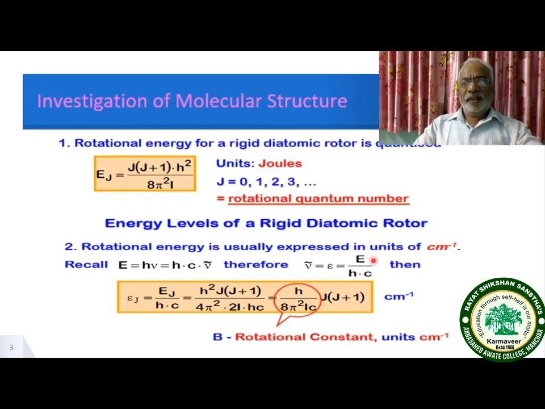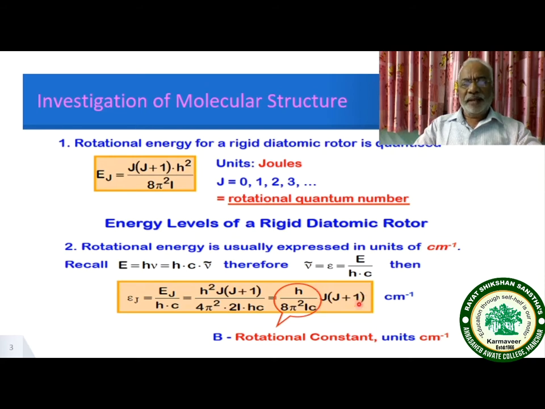So we know the equation of E_J equals, now divide this by hc and we rewrite the equation as, h gets cancelled. So the equation simplifies to h upon 8 pi square I into c, and J into J plus 1.